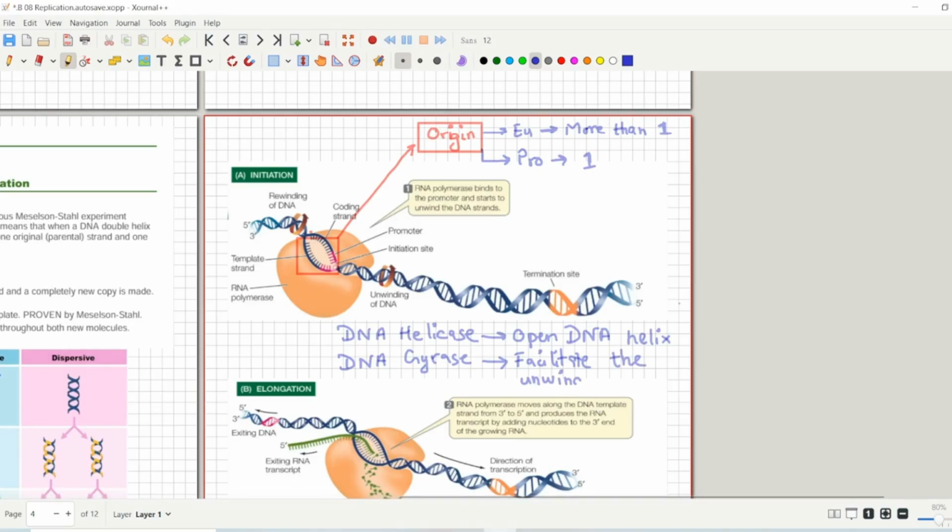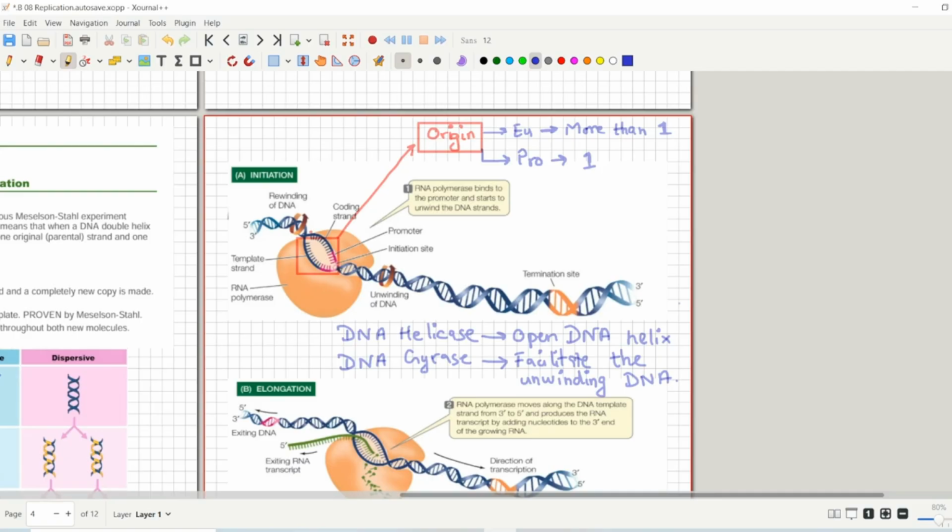So it will help to unwind the DNA by helping DNA helicase, right? DNA helicase and DNA gyrase both work together. DNA gyrase will reduce the tension that is created during unwinding of DNA. When the tension is reduced, the DNA helicase will easily open up the DNA strands.